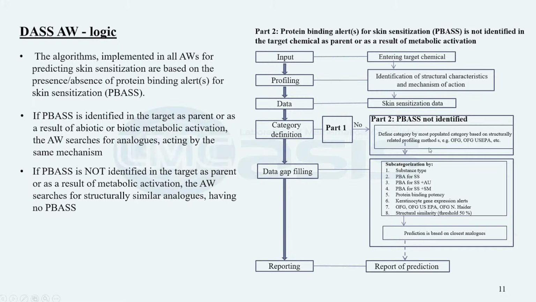Once these structurally similar analogs are found, those of them having an identified alert, as parent or as a result of some activation, will be removed. Finally, we come up with a small category of analogs that are mechanistically and structurally similar.